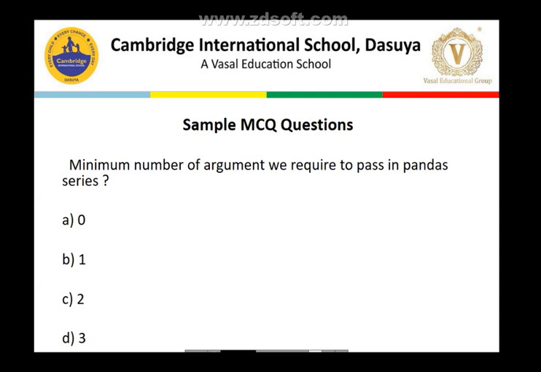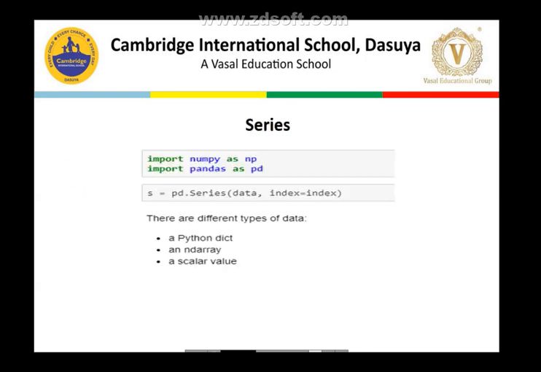So students, the first question is: minimum number of arguments we require to pass in Pandas series. You are all familiar with the basic look of a series. Pandas series takes two parameters. One is the data, and second is the index. So these are the basic parameters a series takes.